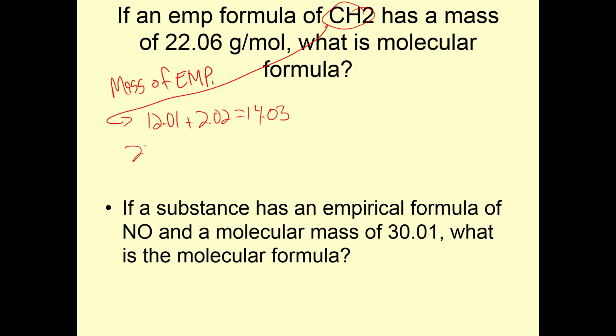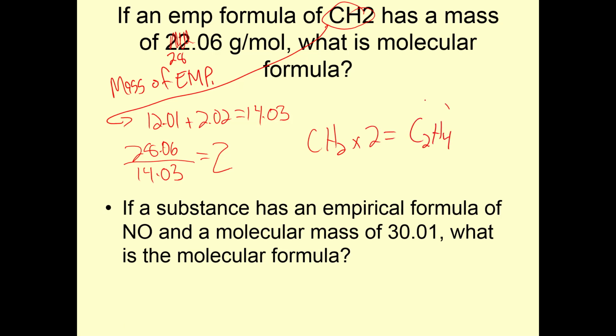That's supposed to be 28.06. So 28.06 divided by 14.03 equals 2. Okay, so what that means is if I have CH2, I multiply it by 2, I'll get C2H4. That's my molecular formula.